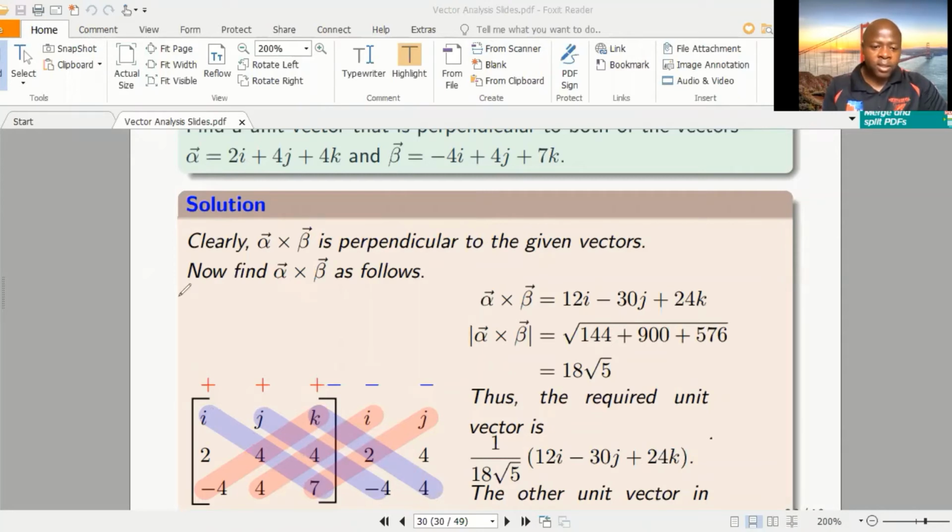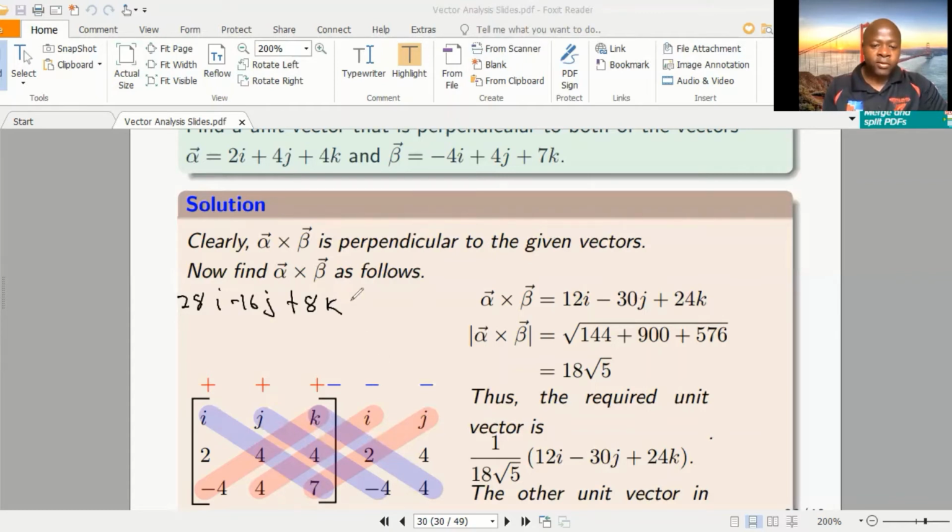This is 28i, this is -16j, and this other one is +8k. Then we multiply along these other diagonals, the ones in red, and subtract the result.